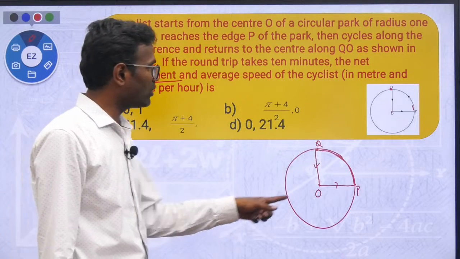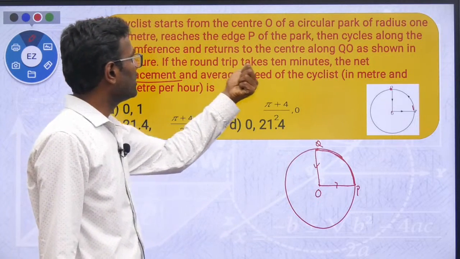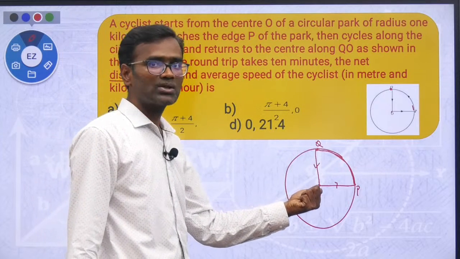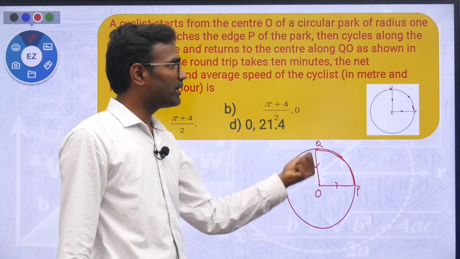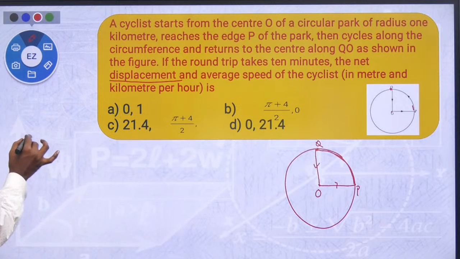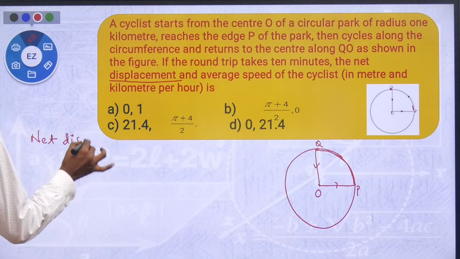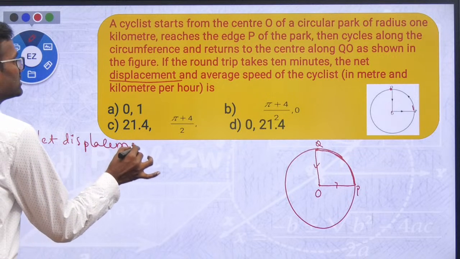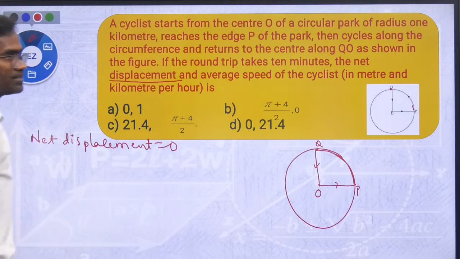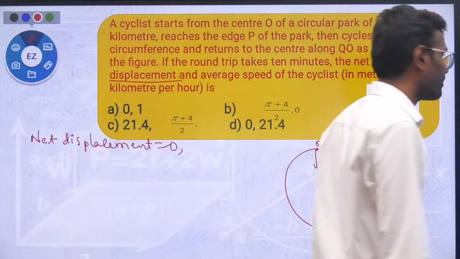The initial point is O. After 10 minutes, we come back to O. So displacement will be 0. So net displacement equals 0.